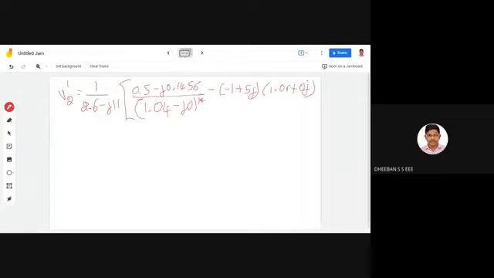Okay, so minus 0.5 plus 4J into 1 plus initial value minus 1.1 plus 2J into the initial value 1 plus J0.